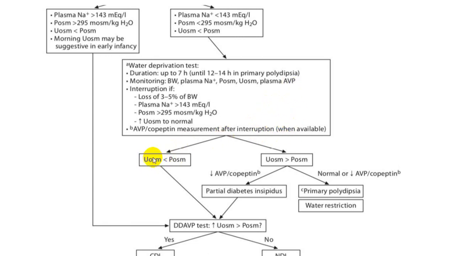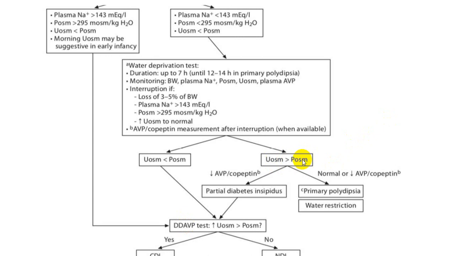Now, what will be the finding? In a normal person, usually urine osmolality will start becoming more than plasma osmolality. But if urine osmolality still remains less than plasma, go for what we call the ADH test or desmopressin test.